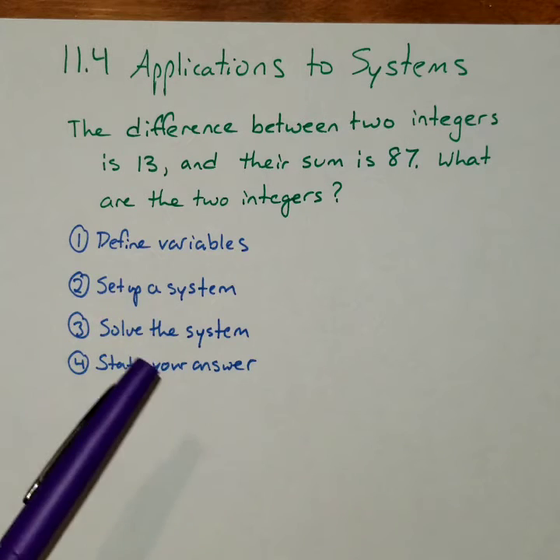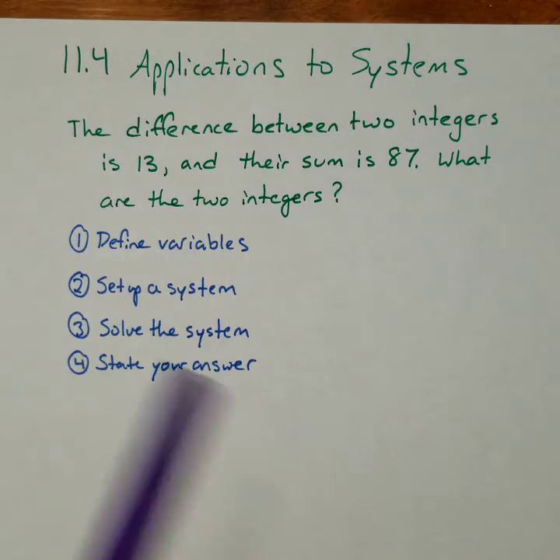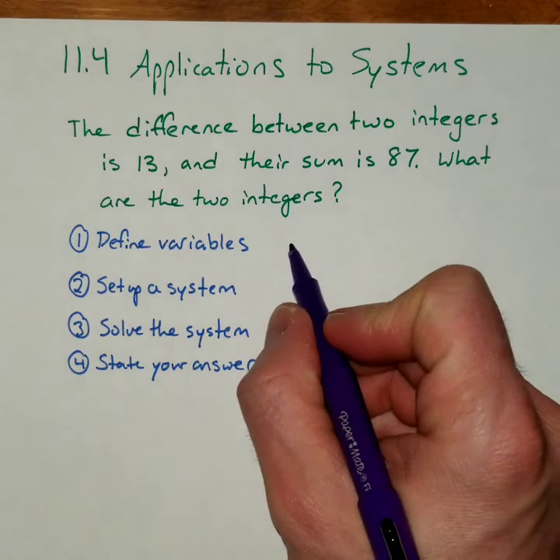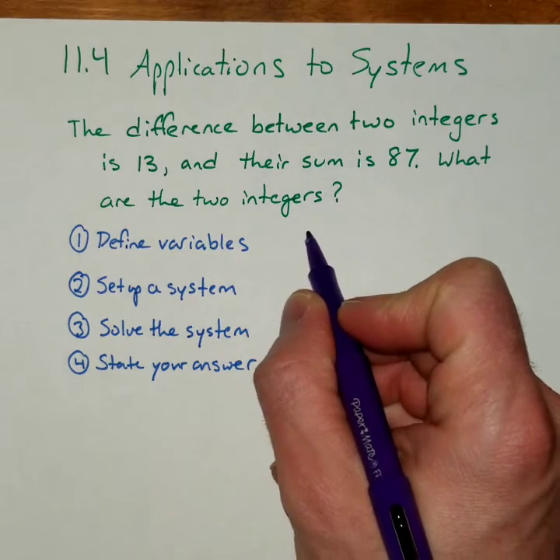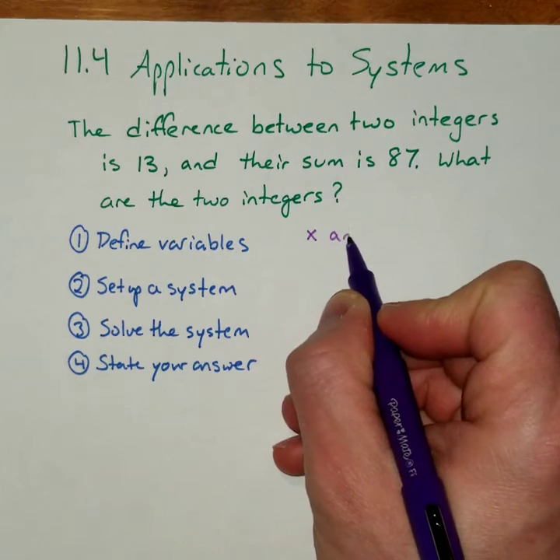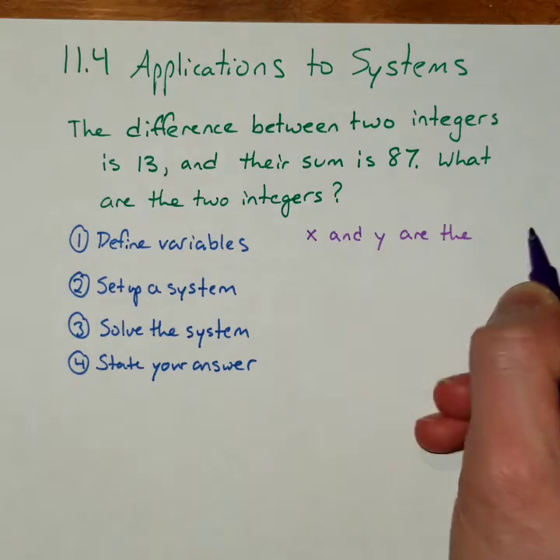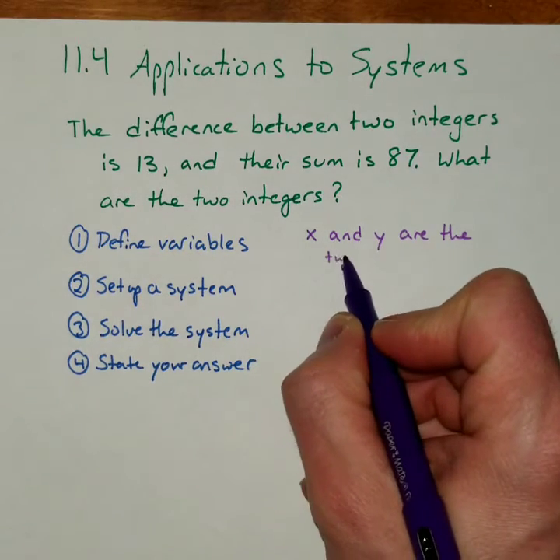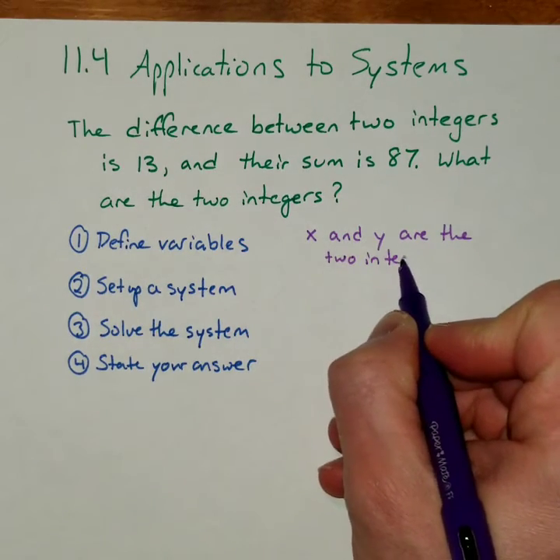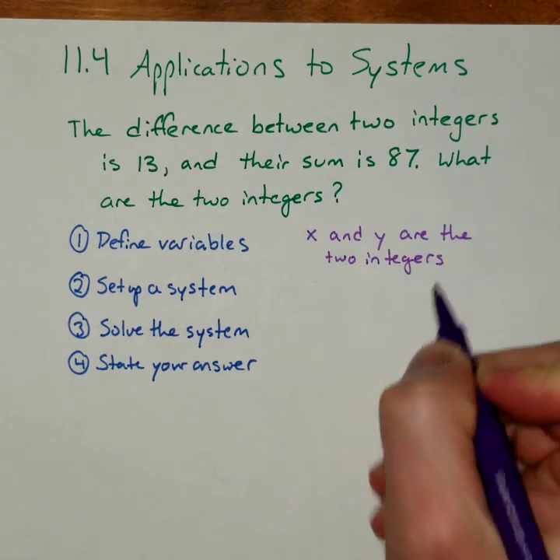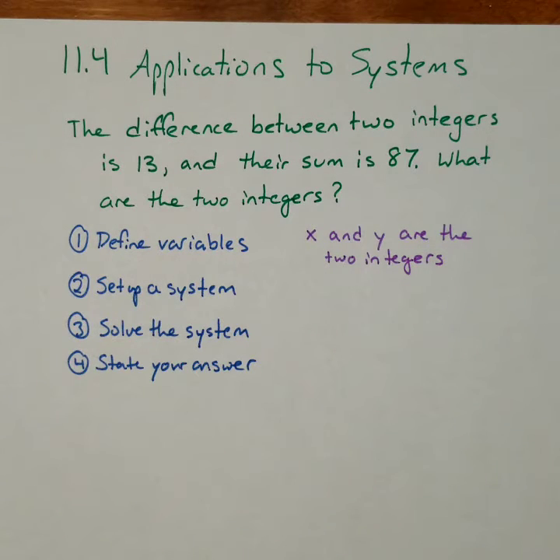So I'm going to use my variables to represent those integers. So I'm going to say x and y are the two integers. Have to define your variables first.